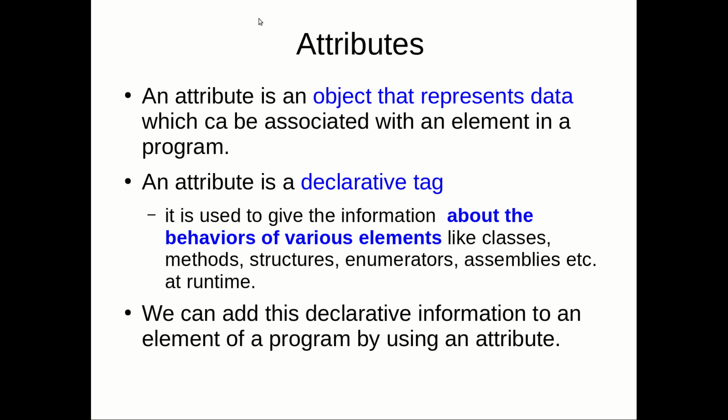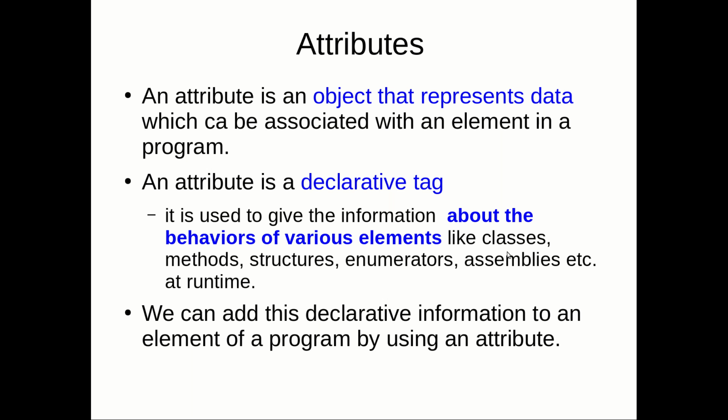So an attribute is an object that represents data which can be associated with an element in a program. When I say element in a program, it can be a class or it can be a method or it can be a component of a program. So here the attribute is called a declarative tag, and it is generally used to give information about the behaviors of various elements.